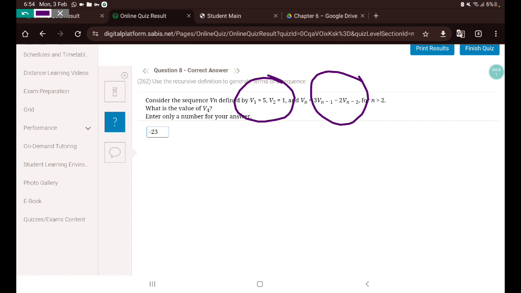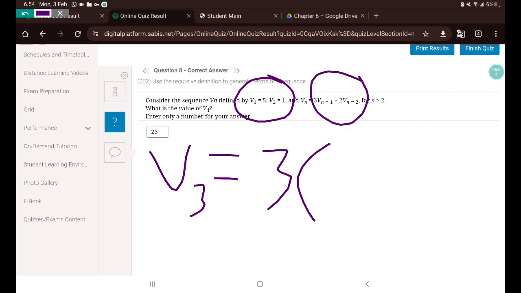To find v4, you need v3 first. To find v3, you have to write this equation. Input the equation in the calculator, or if you want to do it mentally, that's also fine, depending on the number.